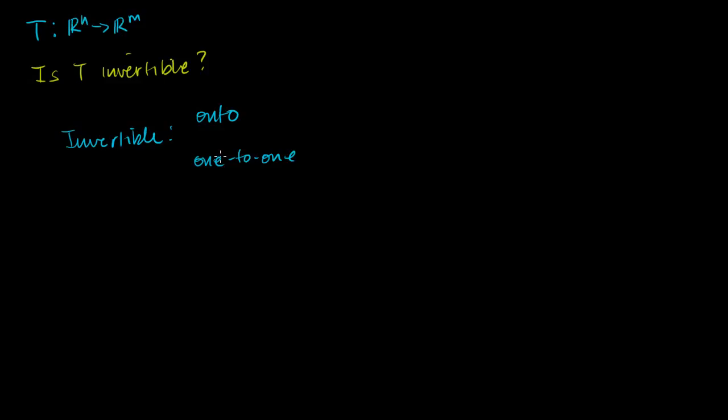of your domain. And we did several videos where we saw that if we had a linear transformation defined by a matrix A, an m by n matrix, the onto condition is met only if the rank of A is equal to the number of rows, which is m.